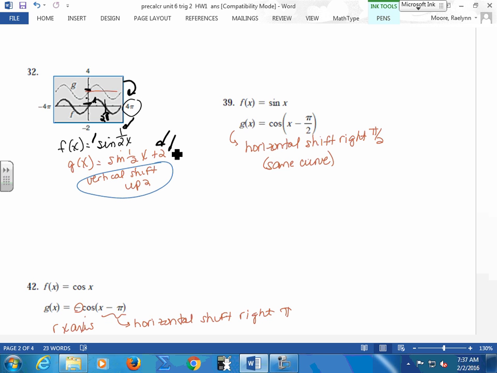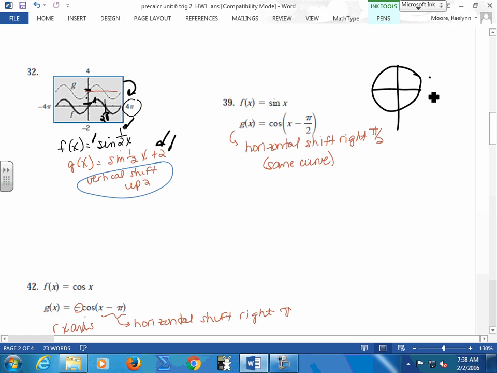So technically, when we used to use overheads, I would have a sine curve and then a cosine curve and I would slide the overhead over on the other one and you'd see it better. But right now we just use this. But kind of visualize your sine curve just shifting over 90 degrees. And it makes sense because your quadrants are all at 90 degrees. Look from here to here. Didn't they swap from here to here? They shifted 90 degrees.